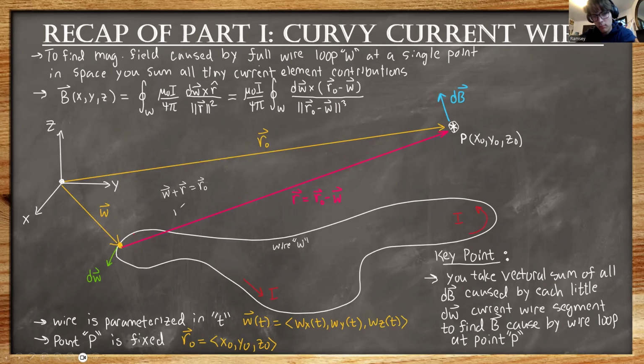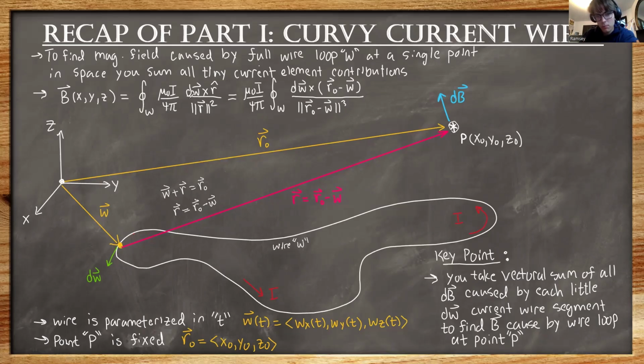So if you want to know the total radius between the source and the cause and the effect, the thing creating the field and the place where you're measuring the field, it's simply equal to R naught minus the W vector. And this would be true no matter what point you're at. If we were interested in this dW, you've got your W vector. That separation vector is still R sub naught minus W. So that works all the way around.